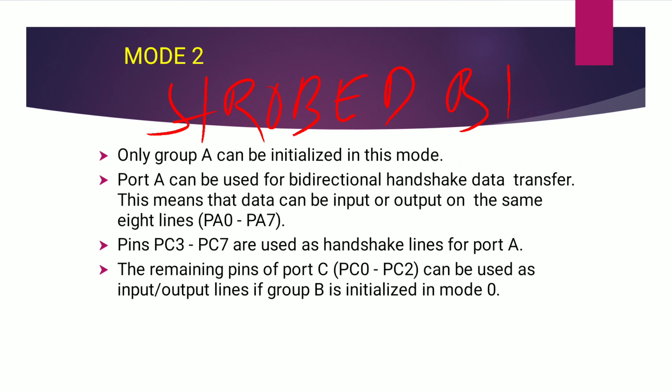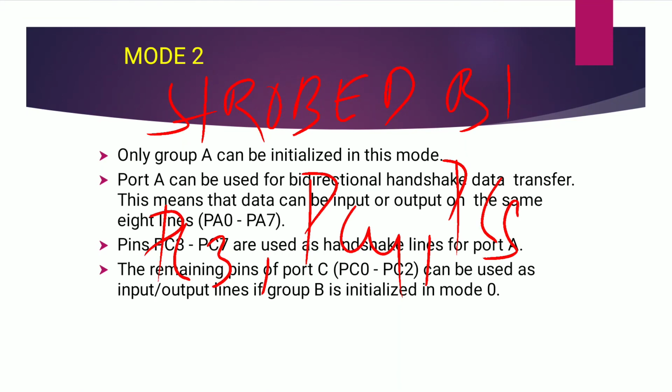In this mode, only group A is available. Port A is used as a bidirectional data bus, and PC3 to PC5 are used to generate handshaking signals. That is, PC3, PC4 and PC5 are used to generate handshaking signals.